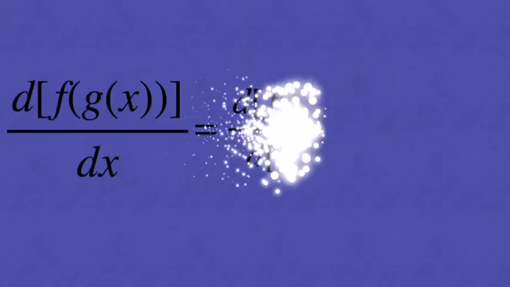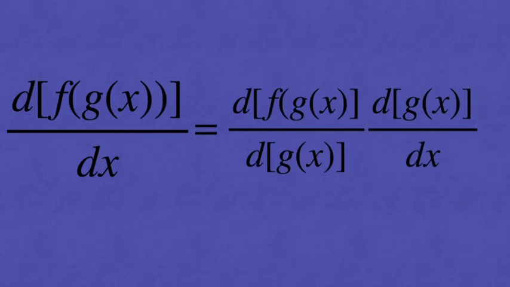I'll just put it here. The derivative of f of g of x with respect to x equals the derivative of f of g of x with respect to g of x times the derivative of g of x with respect to x. That makes sense because if you cancel out these, you get the derivative of f of g of x with respect to x, right? So this makes total sense. This is actually called the chain rule.